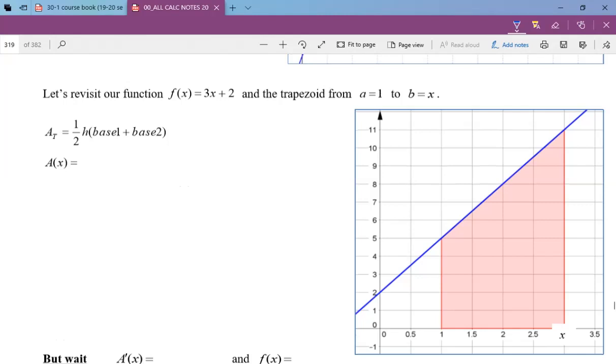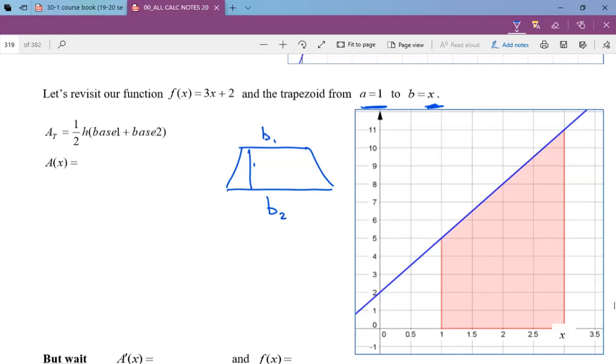We have an interval that goes from 1 on the left side to x on the right side. And so we have this shape, which ends up being a trapezoid. I'm not sure if you remember much about trapezoids from junior high, but a trapezoid has 2 bases, base 1 and base 2.